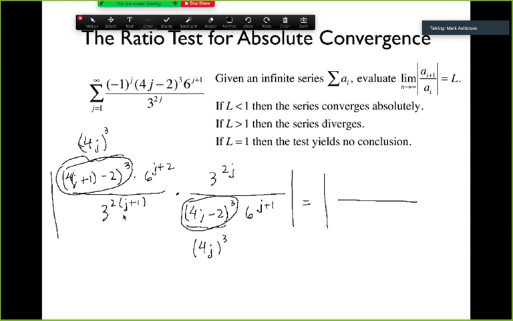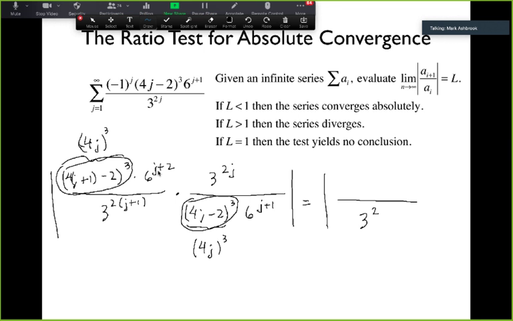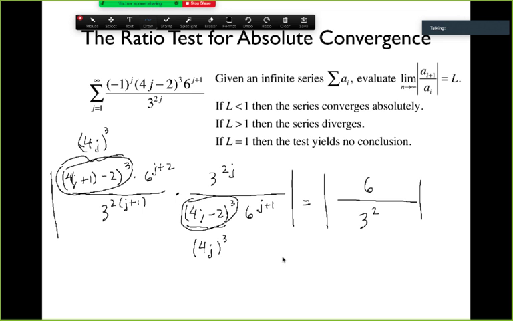How many more 3's do I have in the denominator? 2 more 3's in the denominator. How many more 6's do I have in the numerator? 1. 6/9. We took the limit and we said that limit is 1.